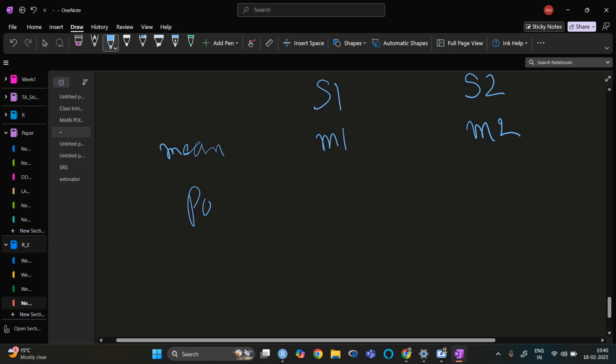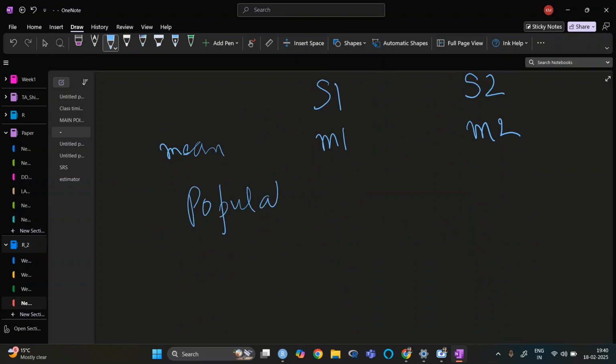The population mean is capital M, right?